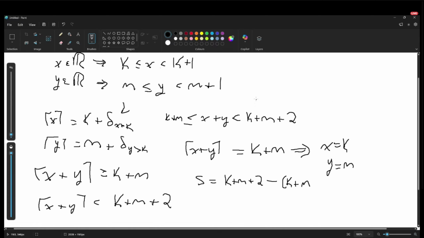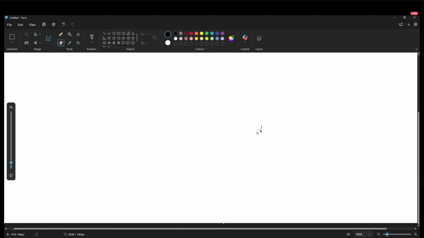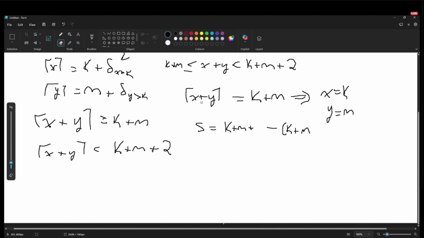So if this is exactly equal to k plus m, that means x must be k and y must be m. So this whole thing becomes k plus m minus k plus m, so the sum is 0. This handles this case.